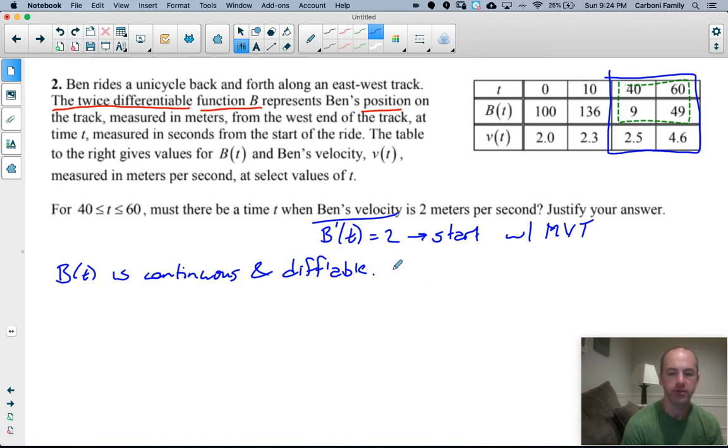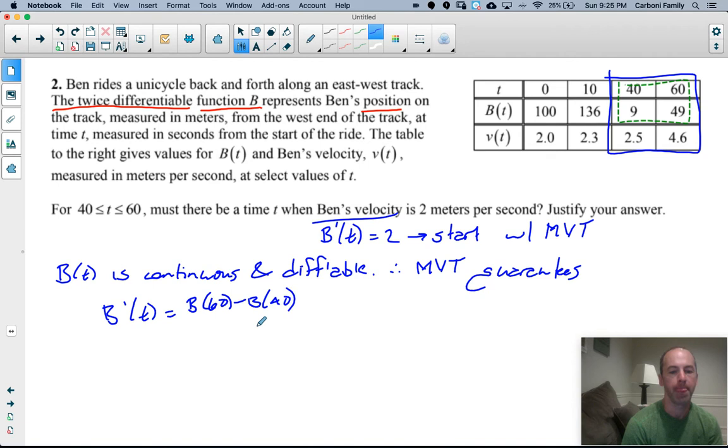Then I'm going to say, therefore, the mean value theorem, and you don't have to state the name of the theorem, it just looks good. So the mean value theorem guarantees that b prime of t is equal to, and we're on the interval 40 to 60. So b prime of t would equal b of 60 minus b of 40 over 60 minus 40.